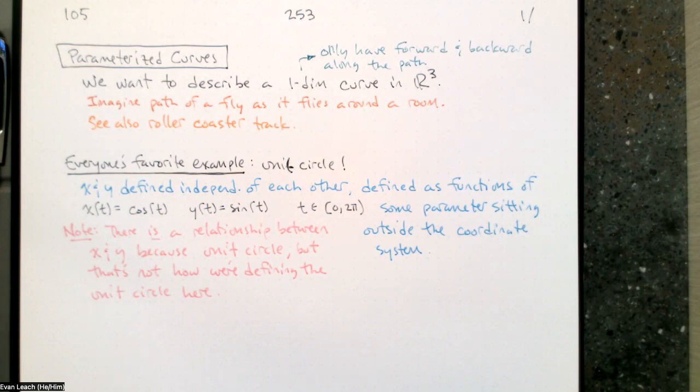In particular, x and y on the unit circle are related by the equation x squared plus y squared equals 1 squared.